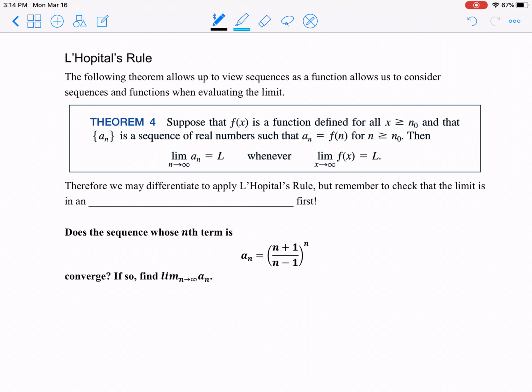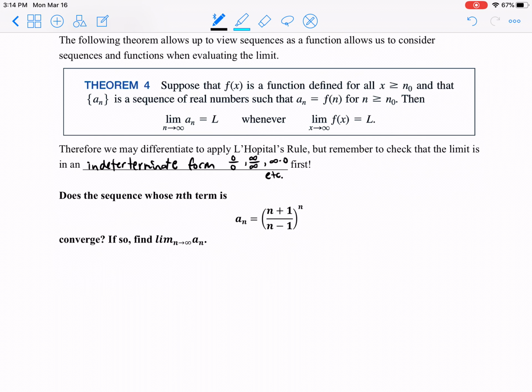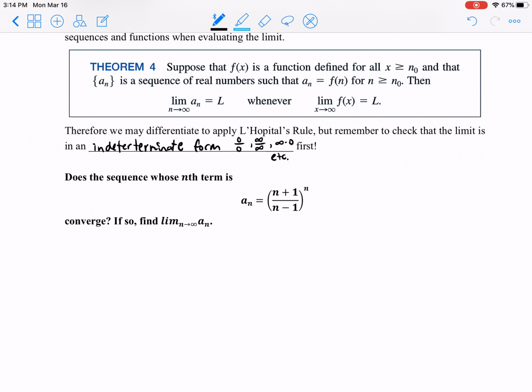So I'm not sure if you remember that, but basically, if you have an indeterminate form for a limit, which was things like 0 over 0 or infinity over infinity, or infinity times 0, etc., then we could take the derivative of the top and the bottom, and then the limit of the new resulting thing would have the same limit.